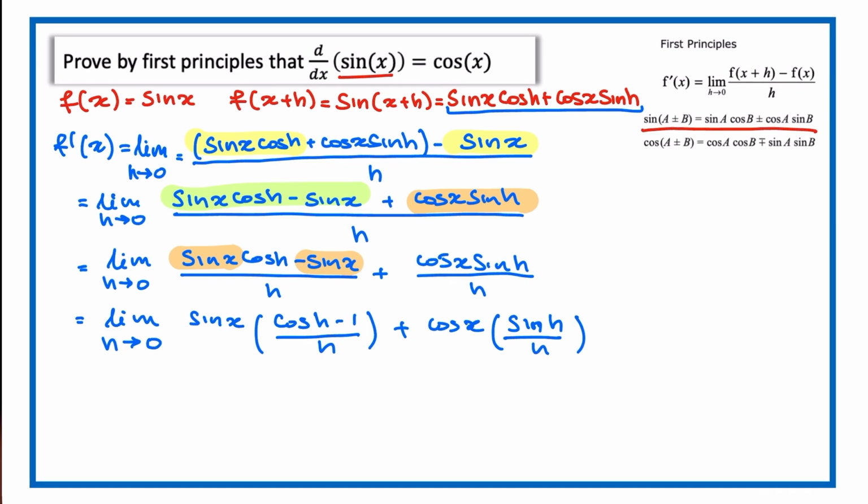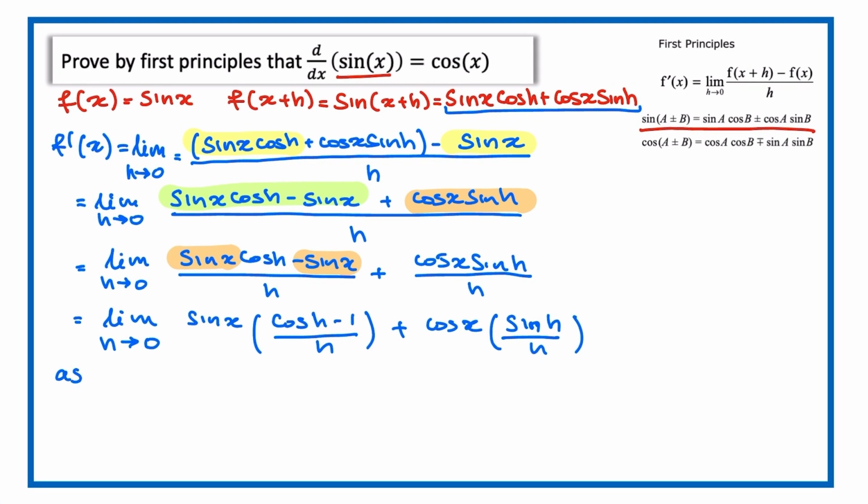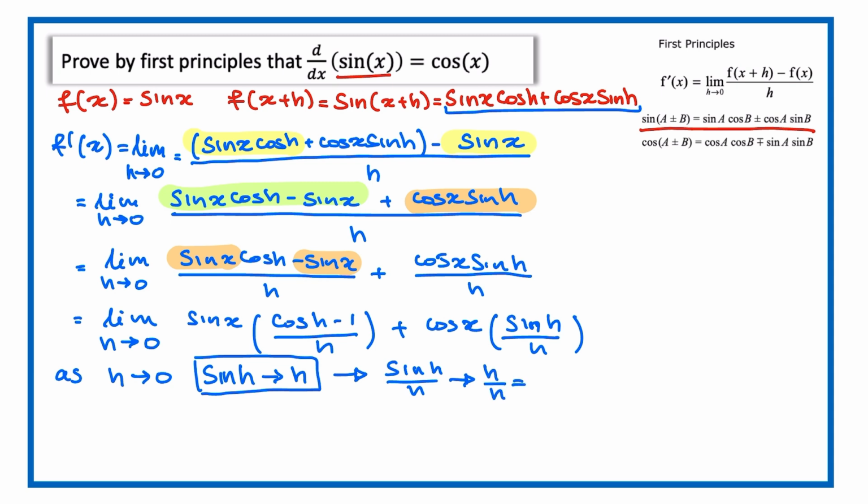So as the limit of h goes towards 0, we know some stuff, which means that sine h goes towards h. This is using the small angle approximation. And therefore if sine h goes towards h, then sine h over h will go towards 1, as we get h over h, which is equal to 1.